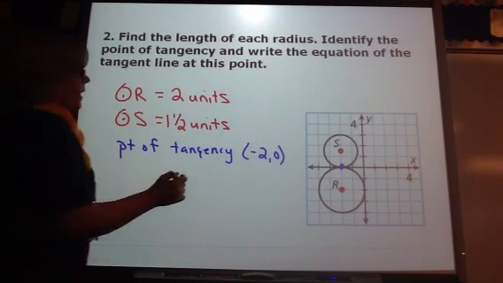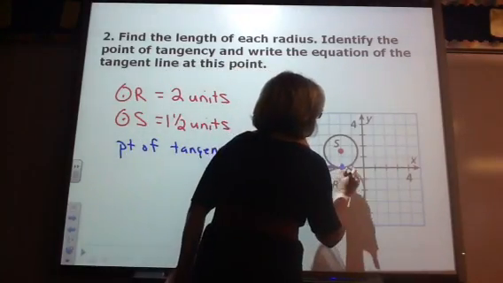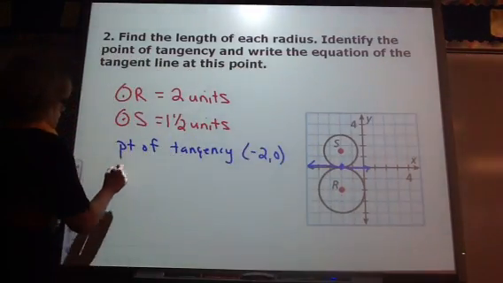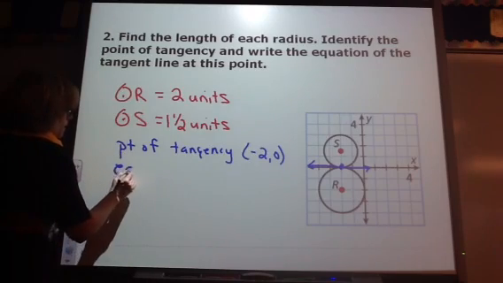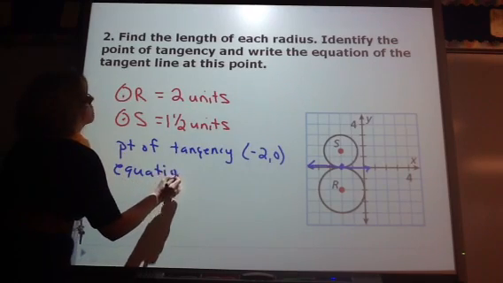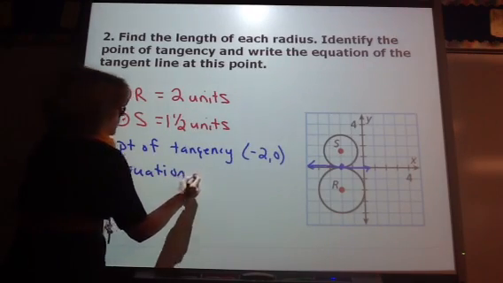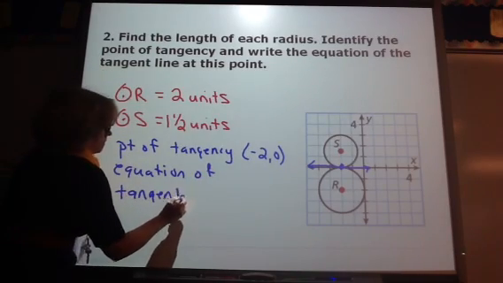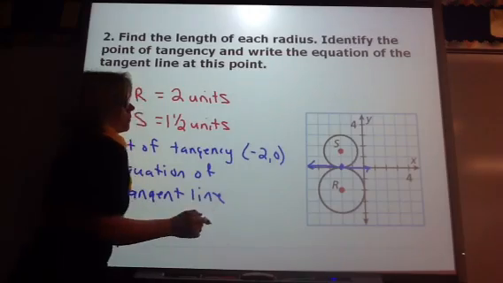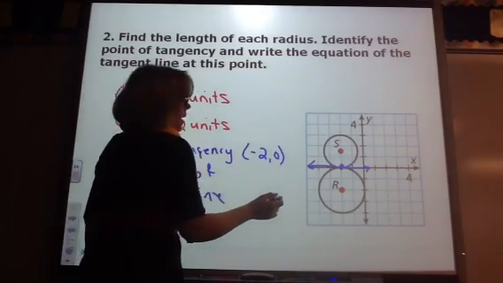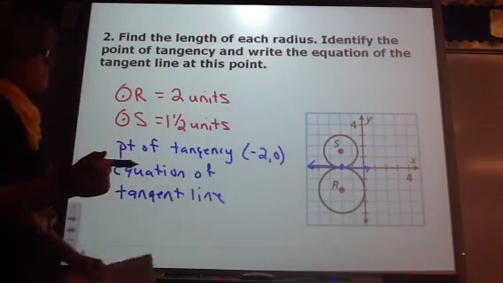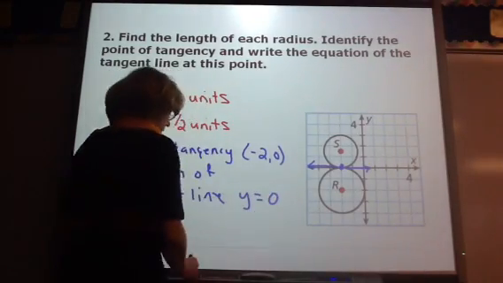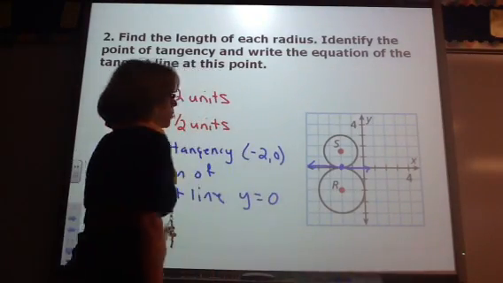Okay, so the tangent line is this right here. All right, so your equation of tangent line. So guys, anytime you have a horizontal line, your slope is 0, so it's y equals 0.